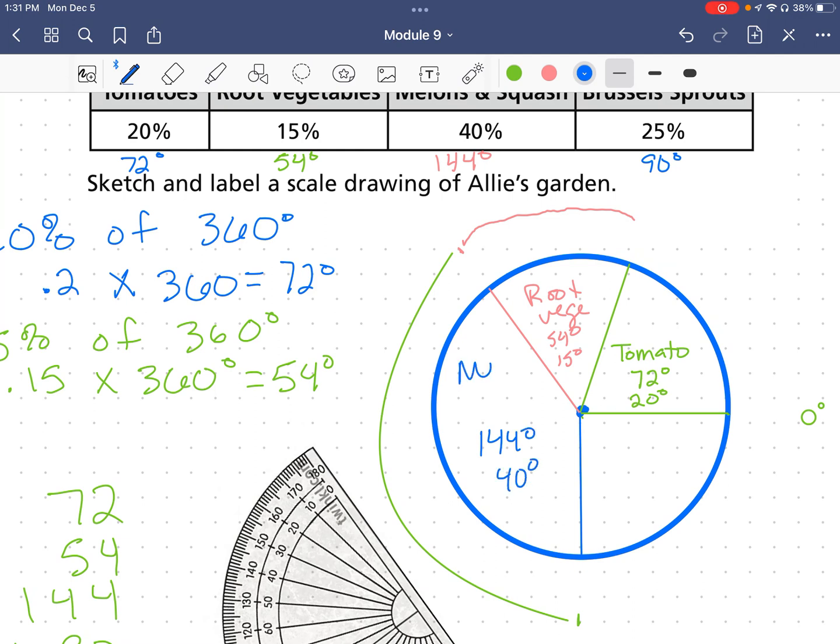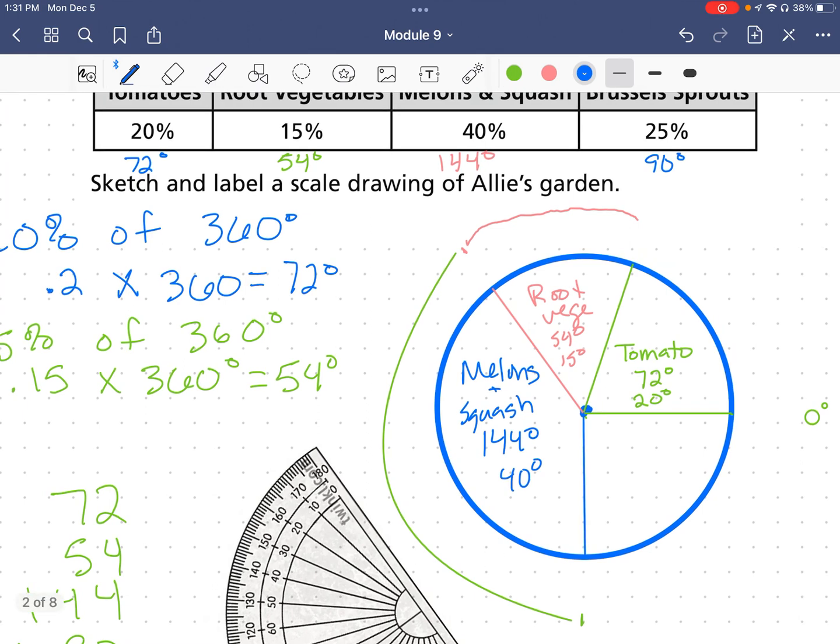And that would be our melons and squash. And that means our last part here is going to be our Brussels sprouts at 25% and 90 degrees, which, if you think of a fourth of 360, would be that nice 90-degree angle there.